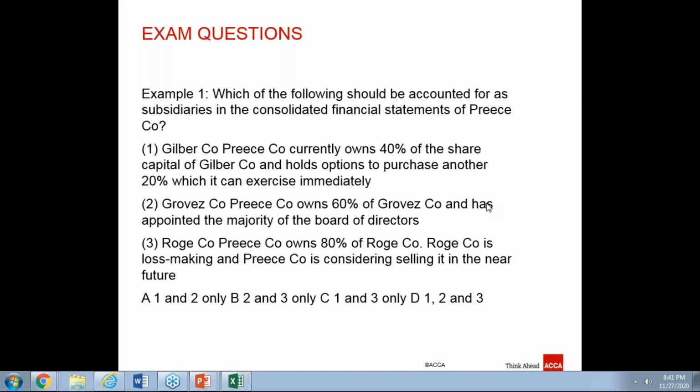So if it is exercisable right now, then you can acquire 20% new shares because of the option. So whenever you are calculating the percentage, you have to consider the current shares and the exercisable shares which you can exercise in the future. So actually, the parent company has acquired 60% shares in this situation. So that is why one is also a subsidiary. These are the provisions of IFRS 3 and IFRS 10.